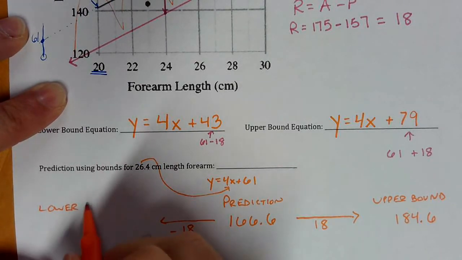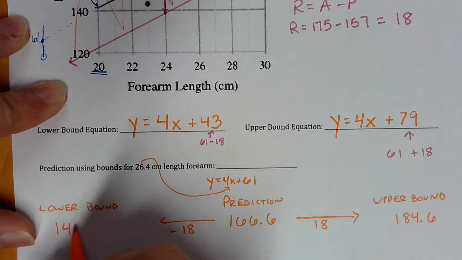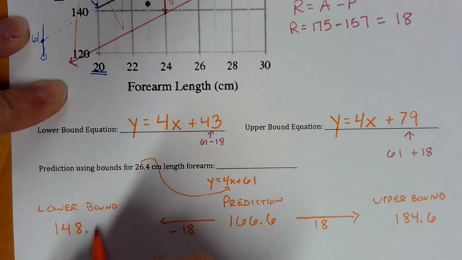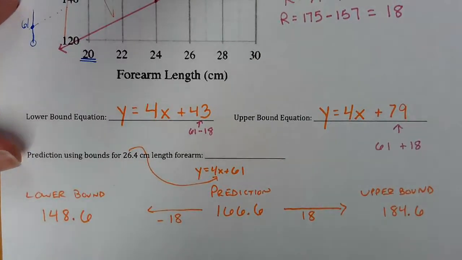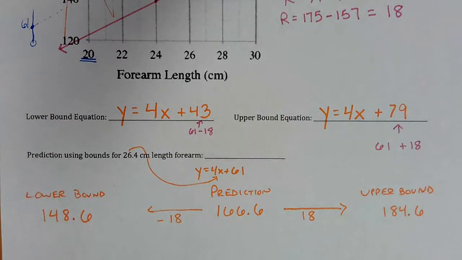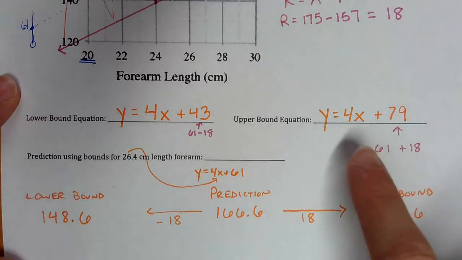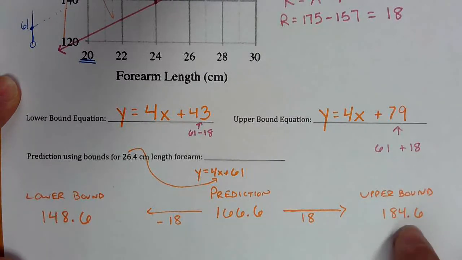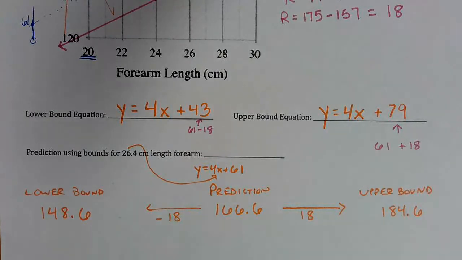So our lowest prediction is 148.6. So we would pretty much say our prediction is this, give or take 18 centimeters. We could also find these bounds by plugging 26.4 into the upper equation, which would give us this value. Or we could plug it into the lower bound equation for this value. And that is upper and lower bounds.